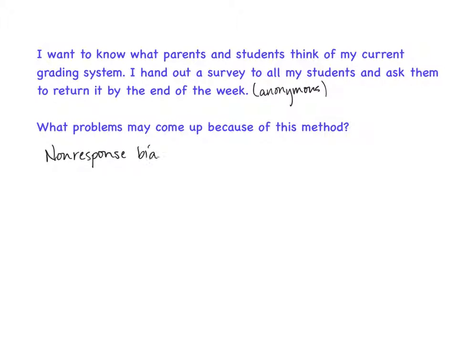Which kind of is the same issue that comes up as a voluntary response bias, because the people who are going to respond are the ones that feel most passionately about it.